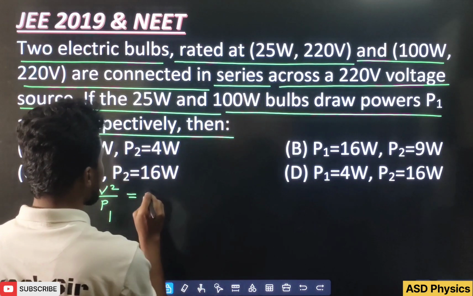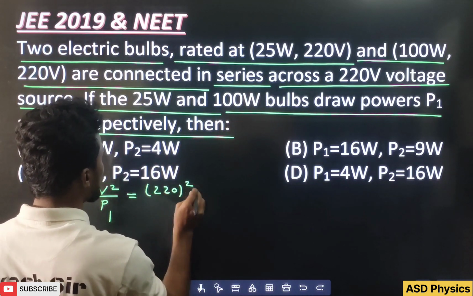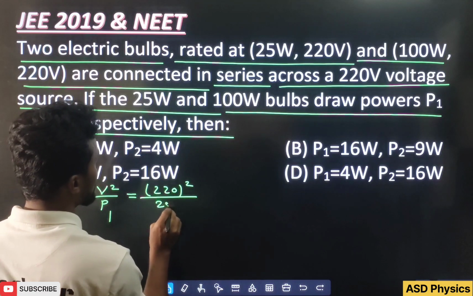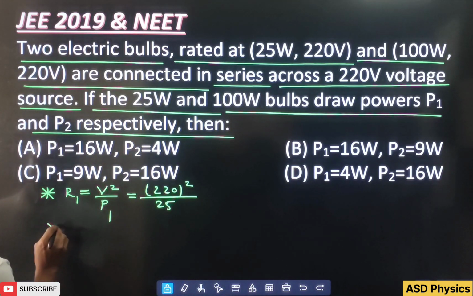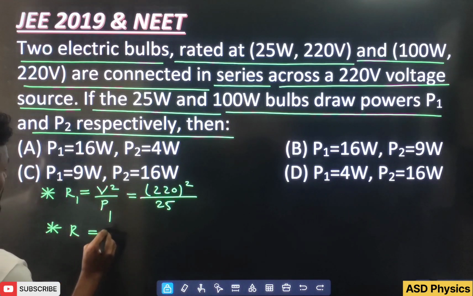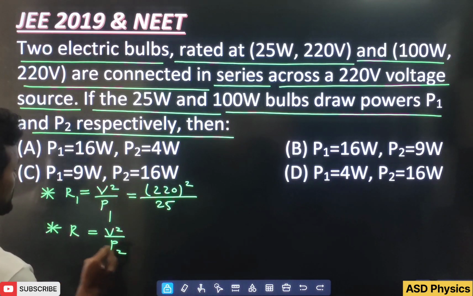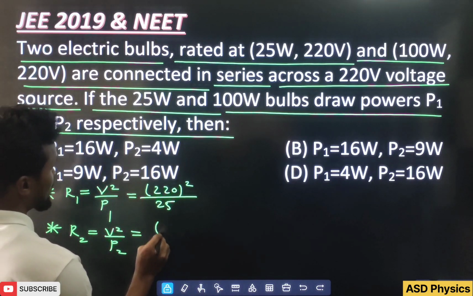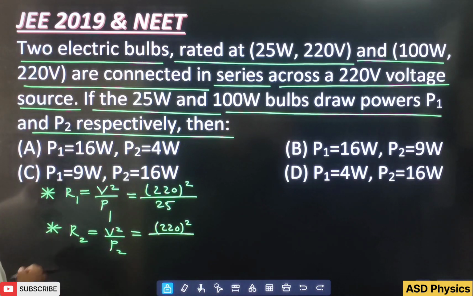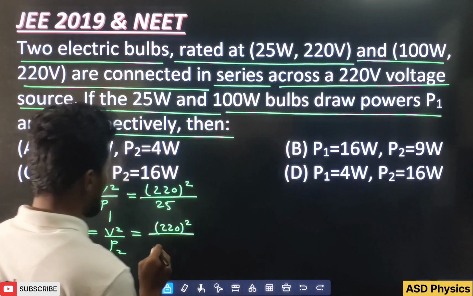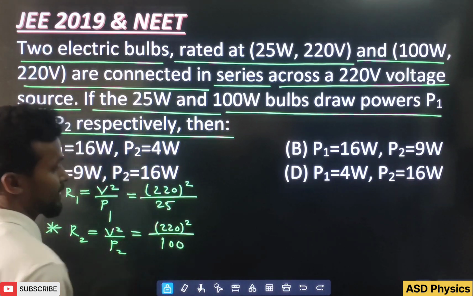We will use these ratings here, so it will become 220 square by 25. Now, this is the resistance of the first bulb. Similarly, R equal to V square by P, but now for the second bulb, this will become again 220 square, and this is 100 watt, so 220 square by 100, is it?